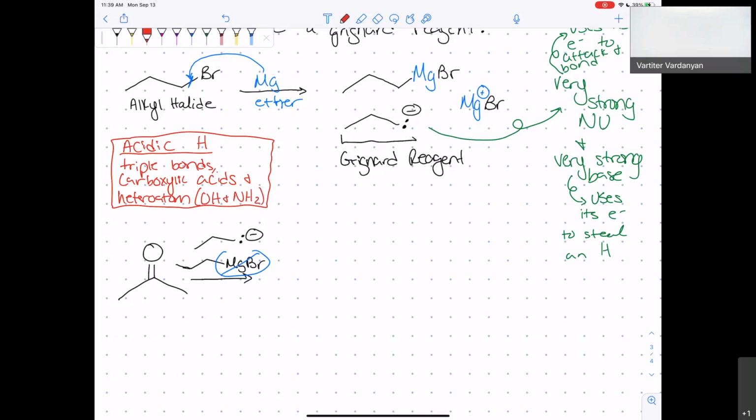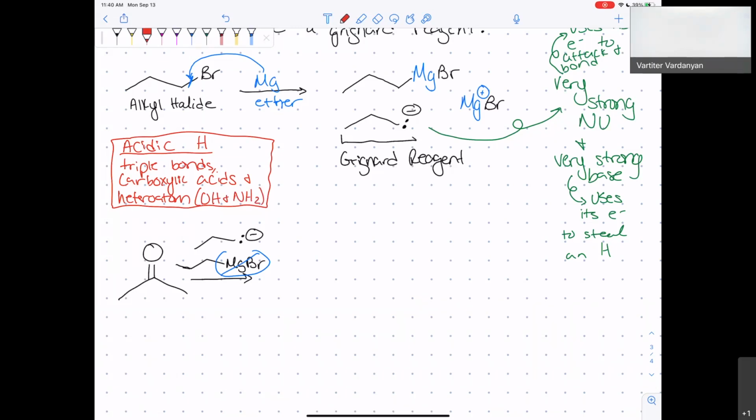That's what counts as an acidic hydrogen for the Grignard. Do we have any of those? Do we have any acidic hydrogens on our ketone?